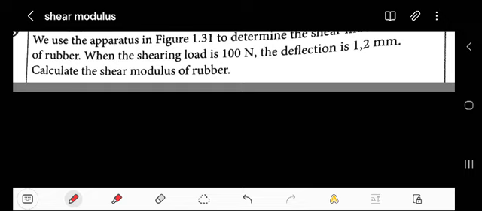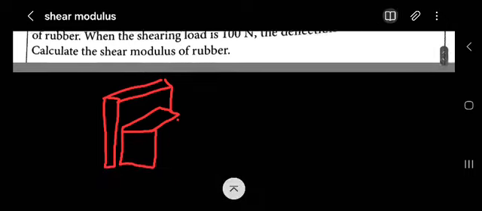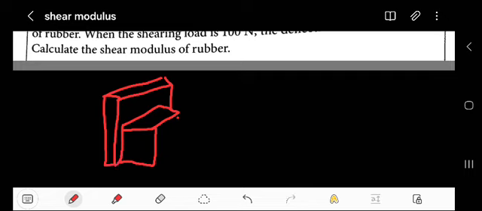If I construct it, something of this nature, we'll have a plate like that, and then you'll have your cylinder in that manner. Something like that.